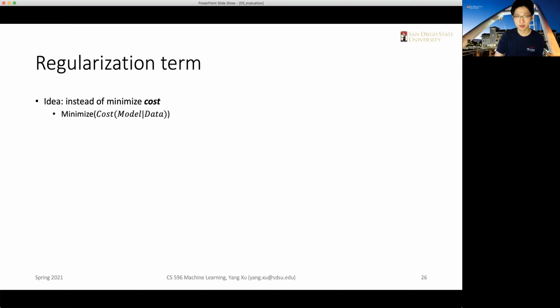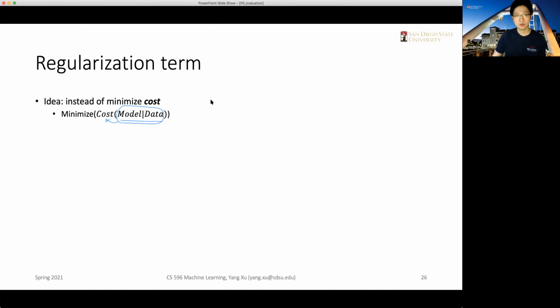The cost function is applied to the model and the data. You can think of the model parameters and the data as the input to the cost function.